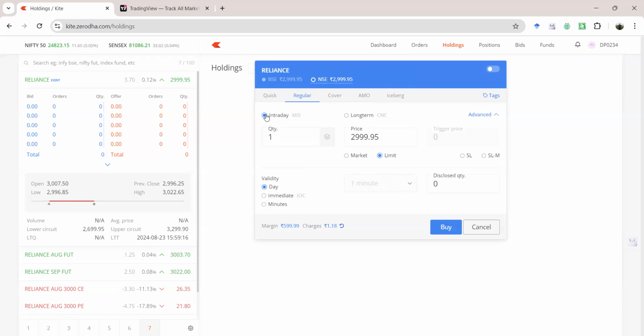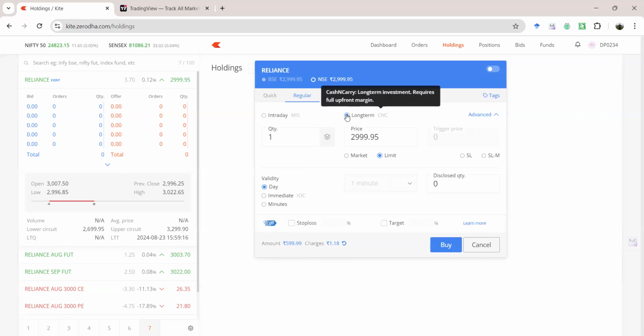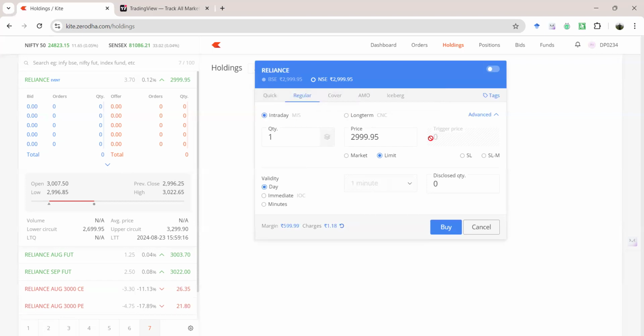Then in regular, we have intraday and long term. Intraday means if we want to exit on the same day, then this will be an intraday order. There is no difference between the amount we pay, and the margin required is almost the same, but for intraday there is slightly less margin requirement for cash stocks, not in FNO.